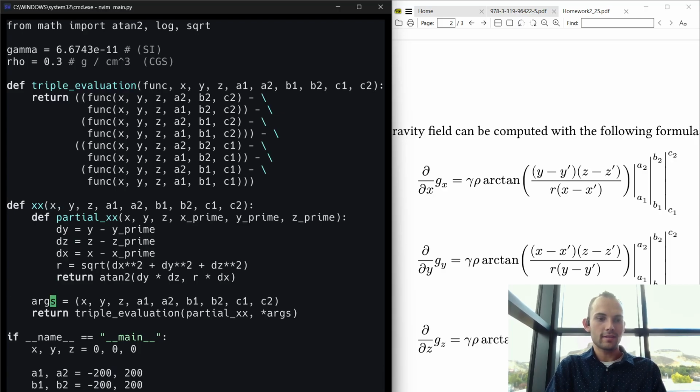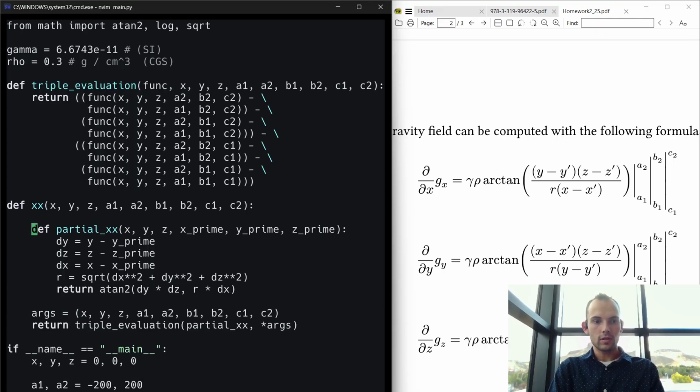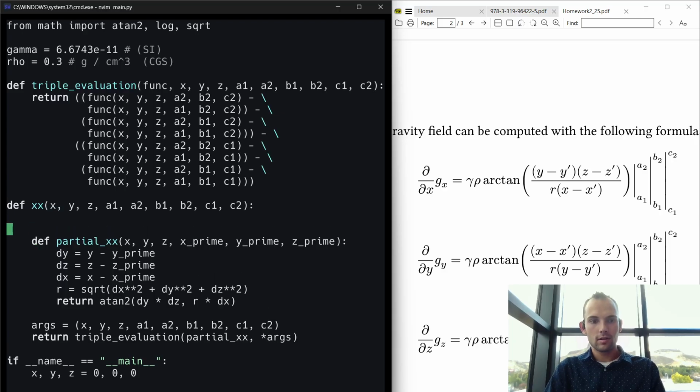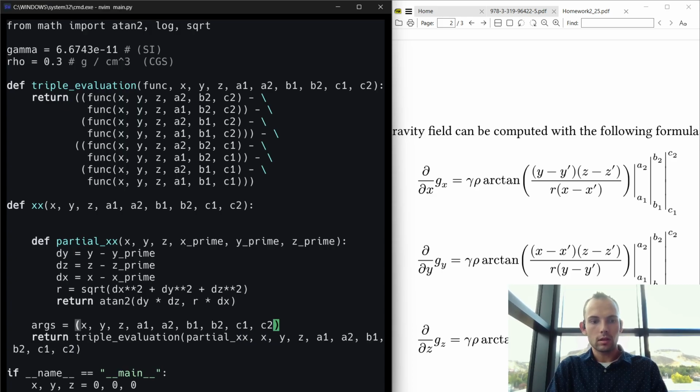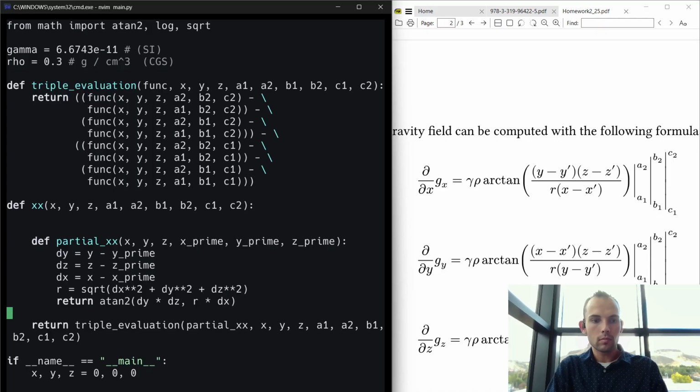Yes, so it's allowed. So each one of these partials is this inner integral. We just evaluate it 8 times because there's 3 of these expansions. We do that in the triple evaluation. I mean, this is kind of unnecessary too. Let's just go, who cares if it's a little ugly? I don't.